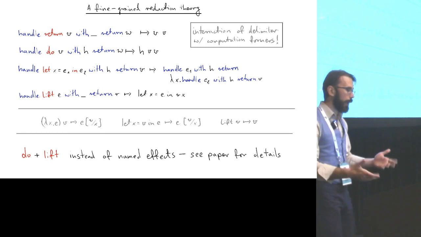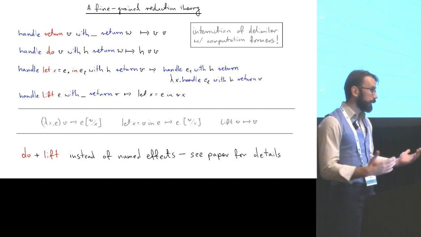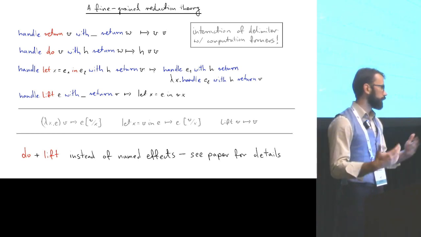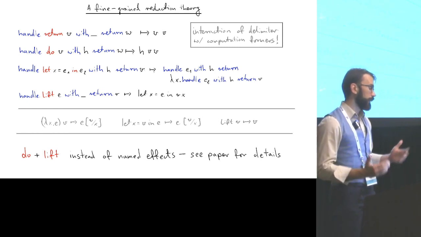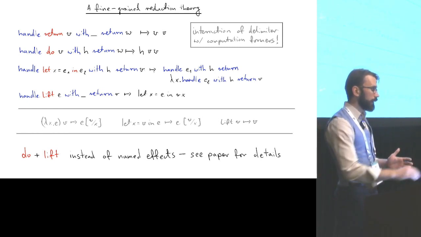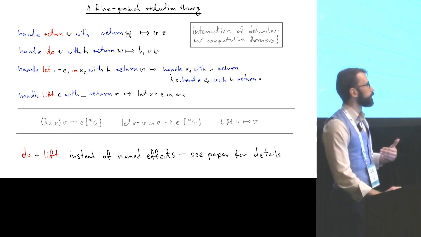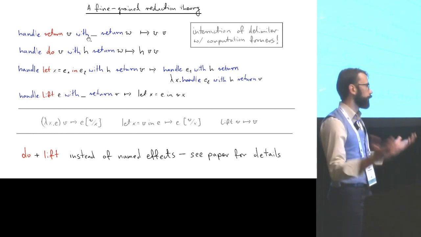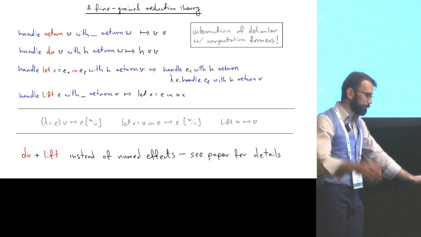So, okay, how do the interactions behave? Well, the interaction of a handler with a value behaves in the same way that most effect handler literature does it. So you basically just say, I have my handler, here the underscore, and I have some computation that I'm supposed to do after I finish with the return value. So simply pass the value to the return clause and go ahead.